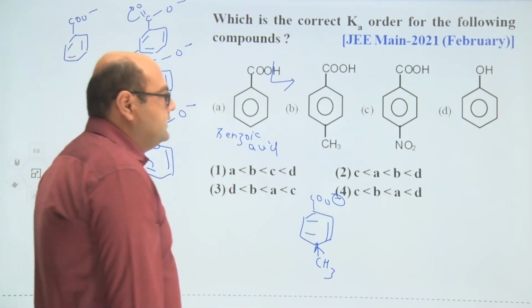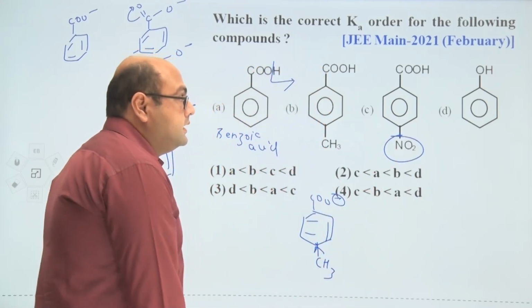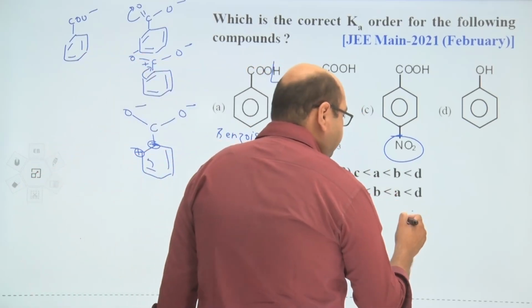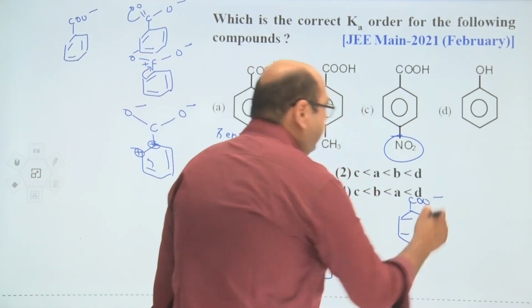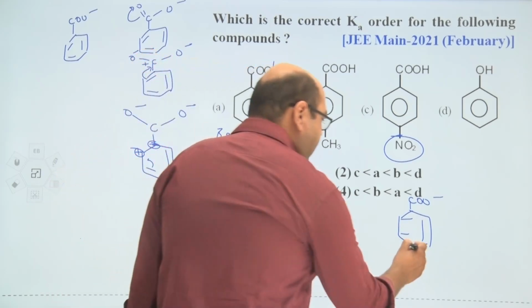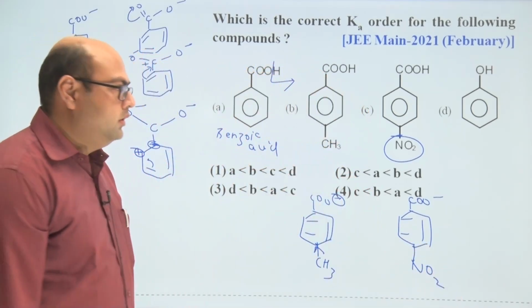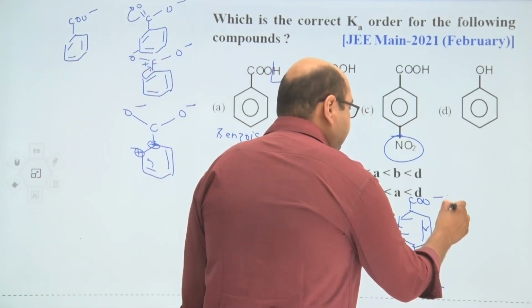In the third option, we can see a nitro group. Nitro group is a good electron withdrawing group. So in the third example, if COO minus will be formed, then what will happen? It will experience an electron withdrawing tendency from NO2, due to which this charge will slightly decrease.